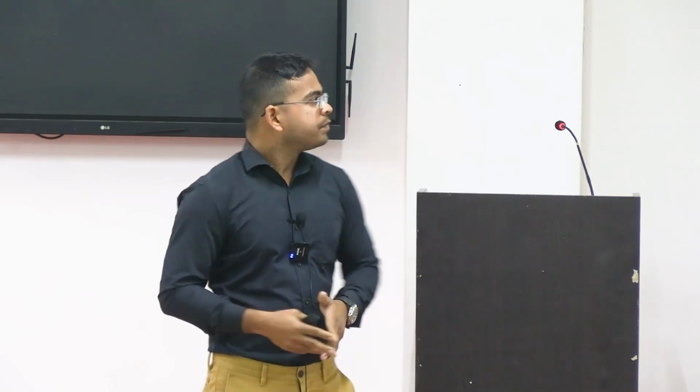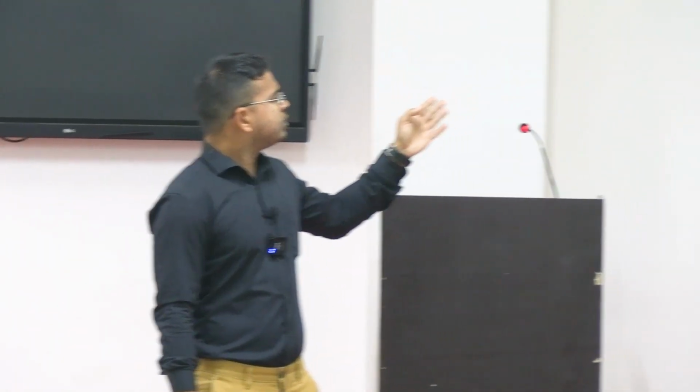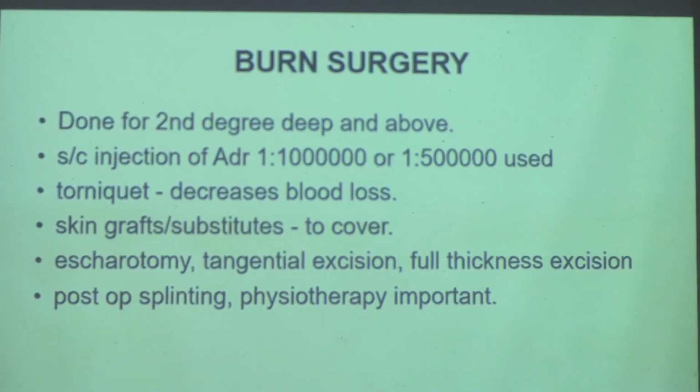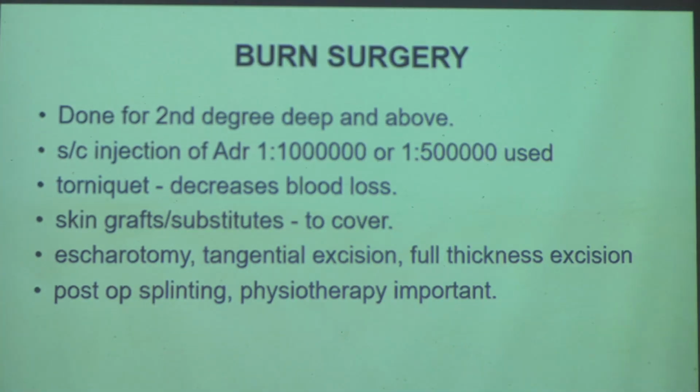For that, we use lignocaine to decrease the pain, and adrenaline to decrease the bleeding. We use this combination, and the ratio is 1 in 10 lakhs or 1 in 5 lakhs. Clear? You can even use a tourniquet: suppose you are doing a surgery here, you can tie a tourniquet above to decrease the bleeding also.